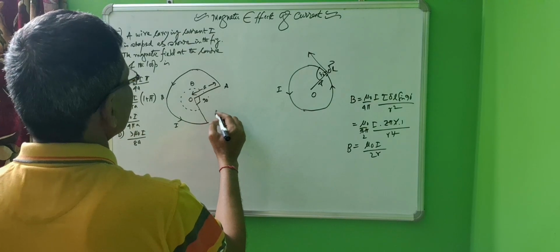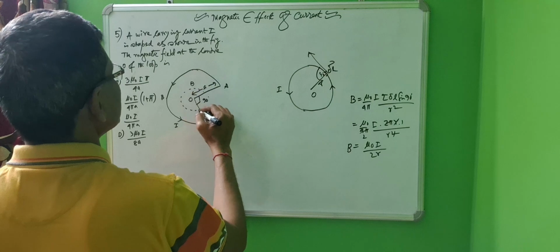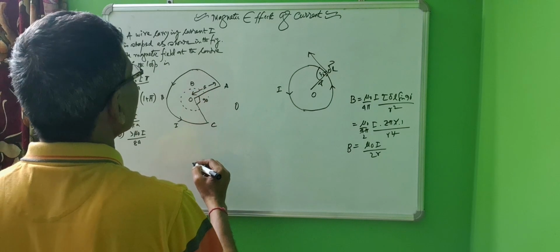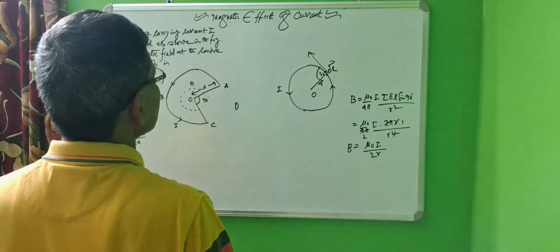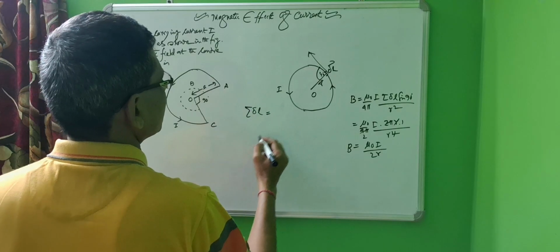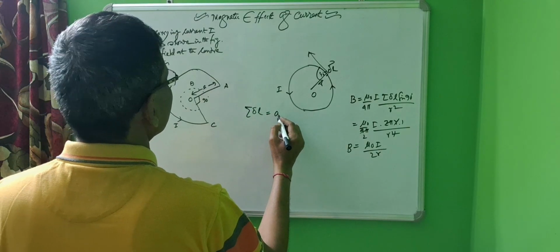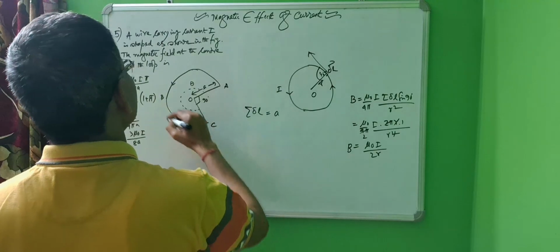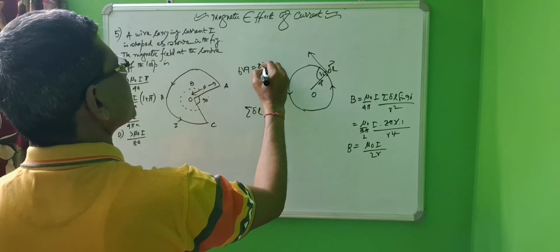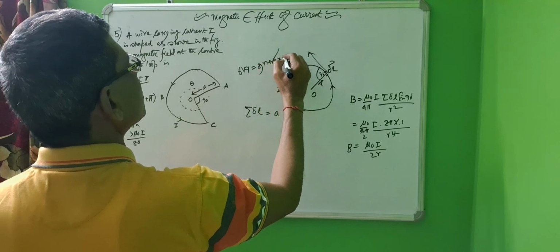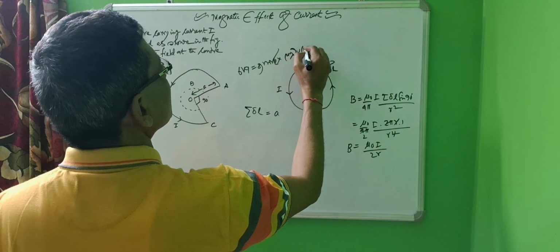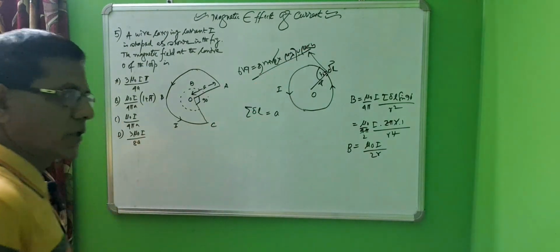So here, what is this angle? Theta. So delta L, here this one is delta L. We know in Bengali it is called arc, equals radius into central angle.